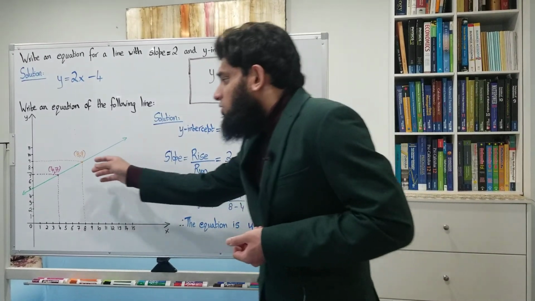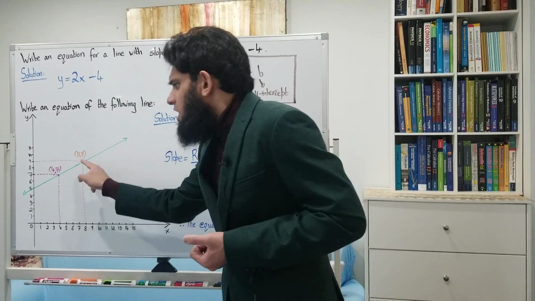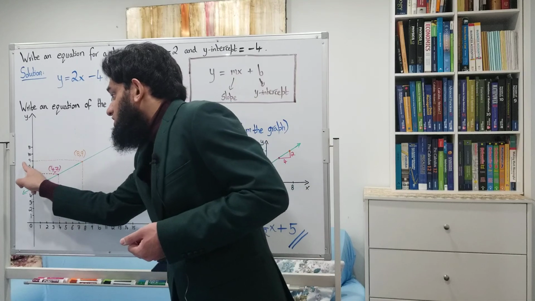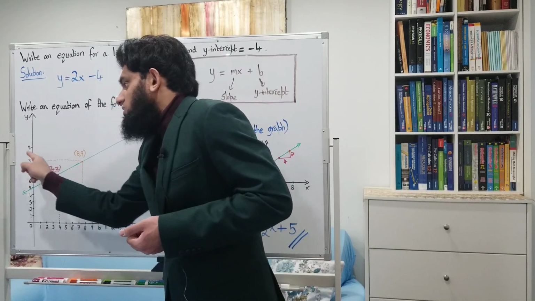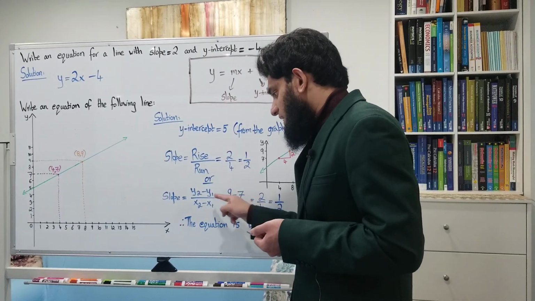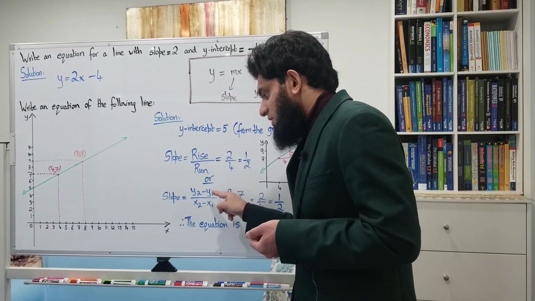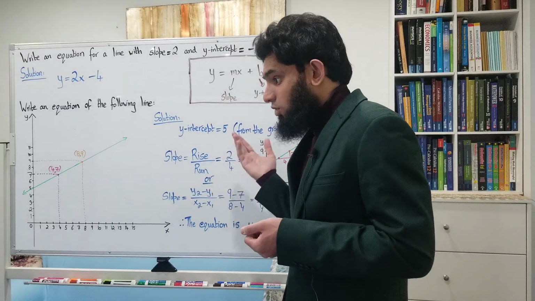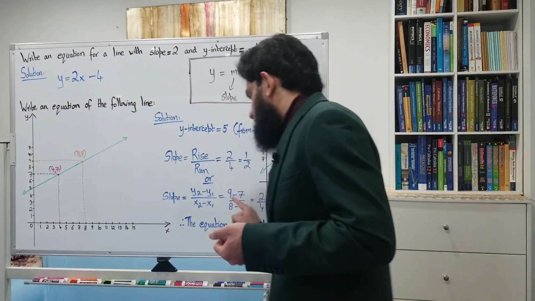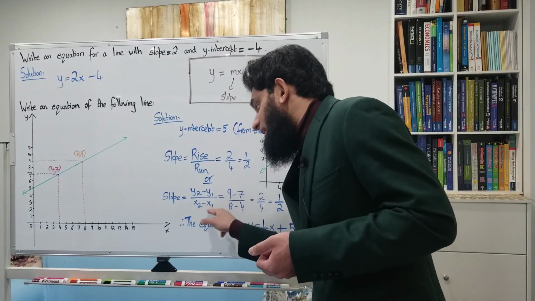So I take the y coordinate of this point here. In this case, what is the y coordinate of this point? Well, we can see it's 9, and we can also see from here it's 9. So the y coordinate of this point is 9. So we write 9 here and then subtract the y coordinate of my first point. y1 is just the y coordinate of my first point, and in this case that is 7. So 9 minus 7 divided by x2 minus x1.